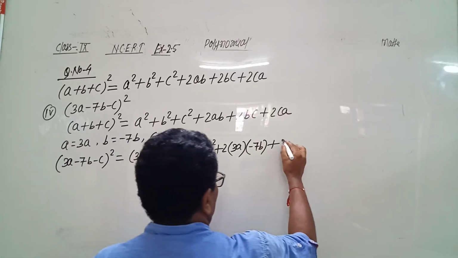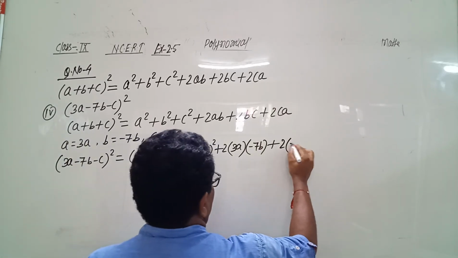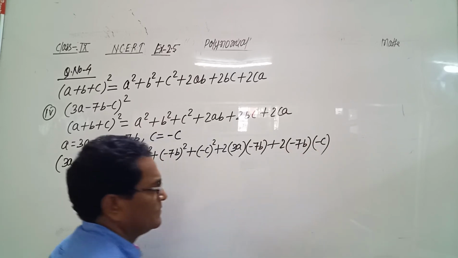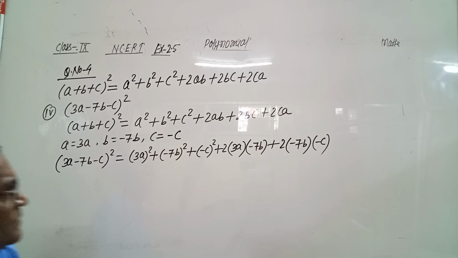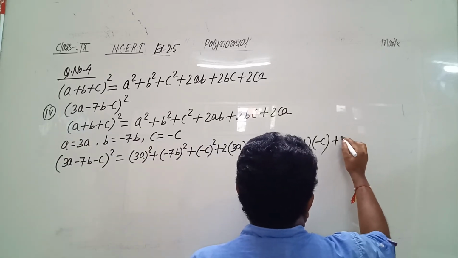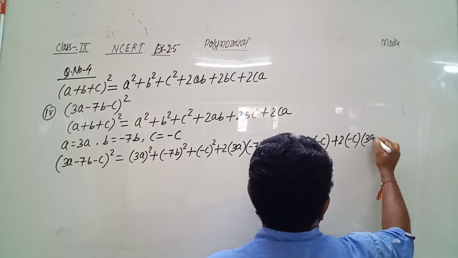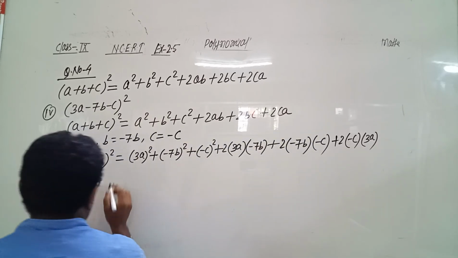So 2, the value of b is minus 7b and the value of c is minus c, plus 2 into c, the value of c is minus c and the value of a is 3a. Now we remove the bracket.